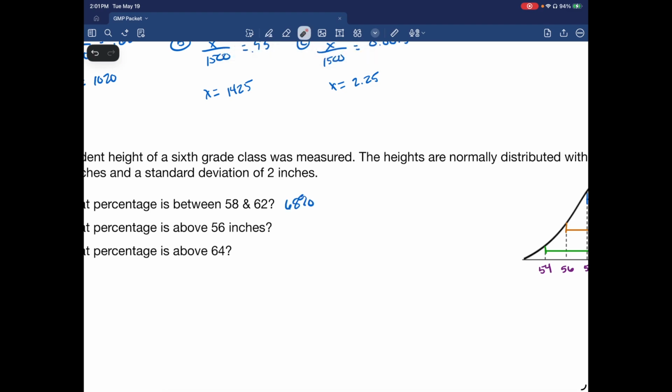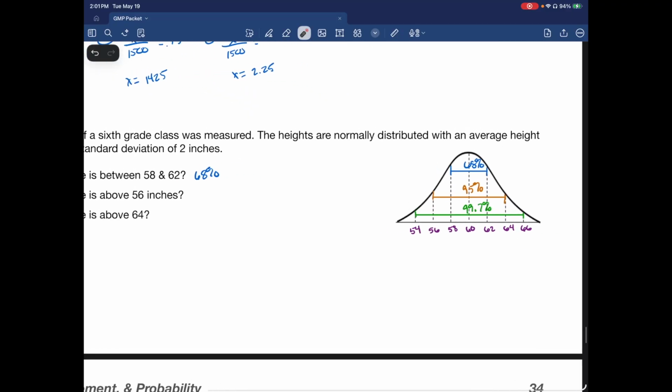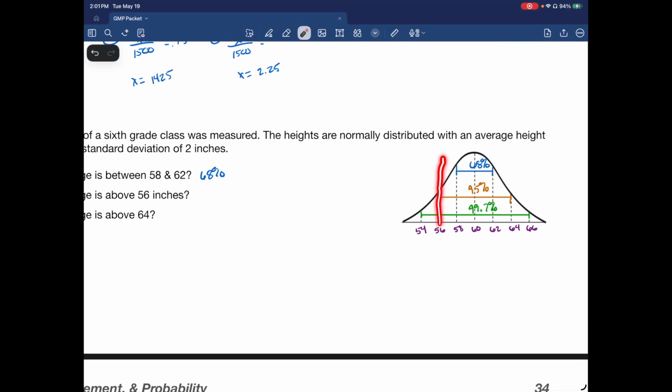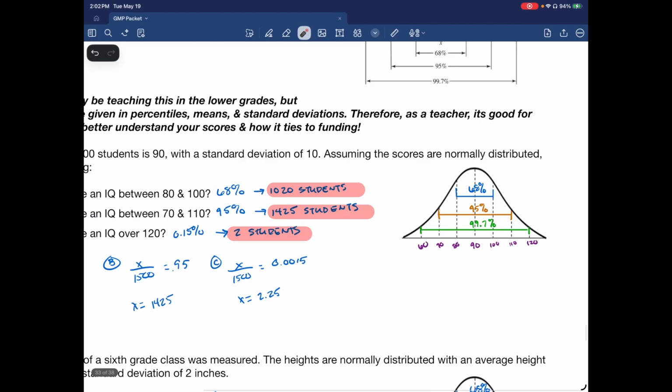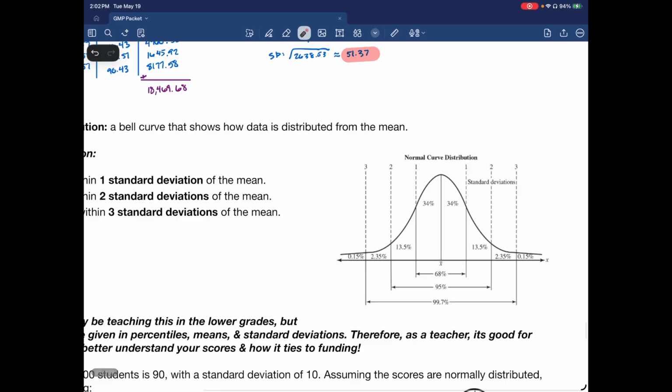All right, and then it says, what is above 56? So this and forward. Okay, remember that if we go back to our bell curve up here, we're looking at this piece right here. So this is 2.5% if you add up both of these.